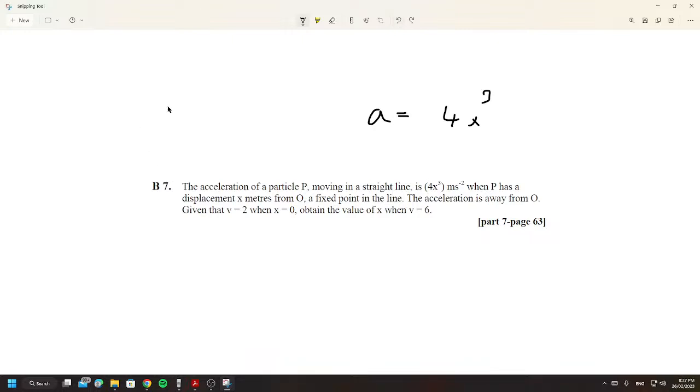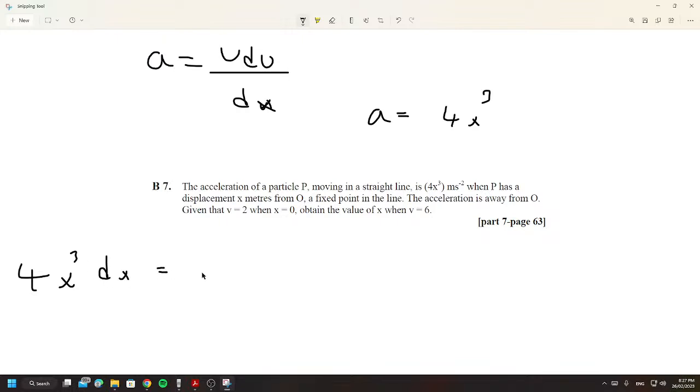So A is equal to, in this case, they didn't give us t, they gave us v and x, so we're going to use v dv over dx. So 4x cubed dx is equal to v dv.